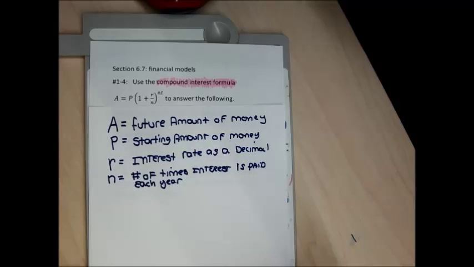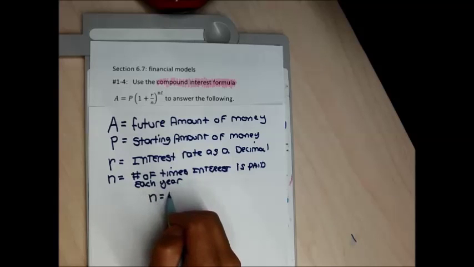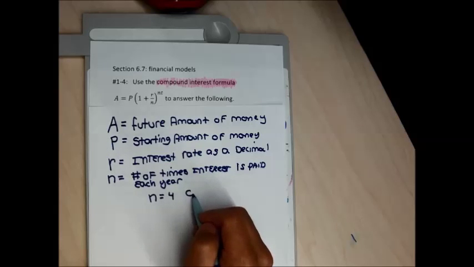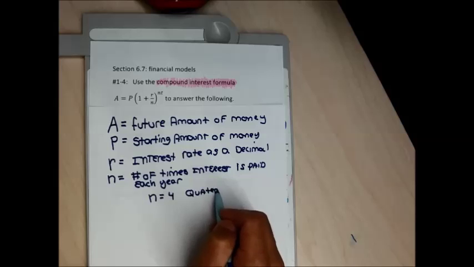When I was a kid, if you had a savings account, it was real common for the N, the number of times interest to be paid each year, to be 4. And this would be called quarterly compounding if you get interest paid 4 times per year.